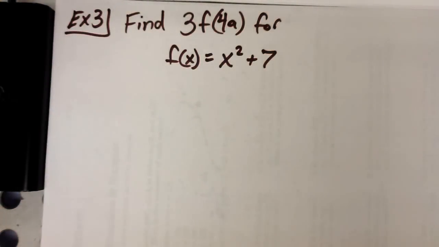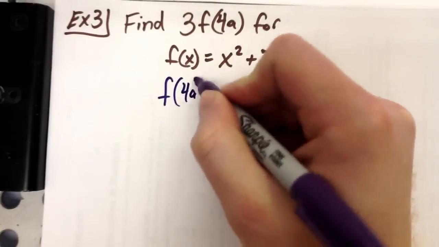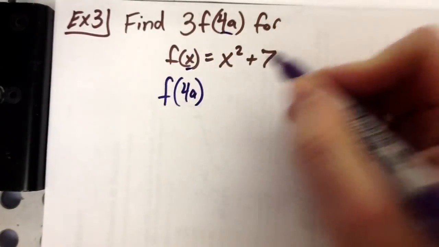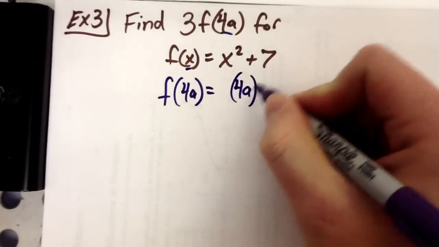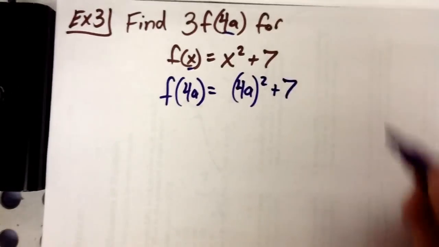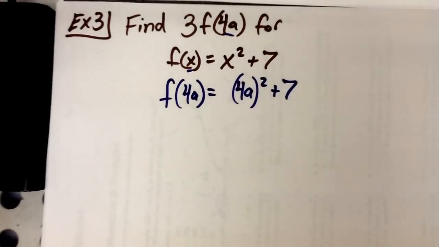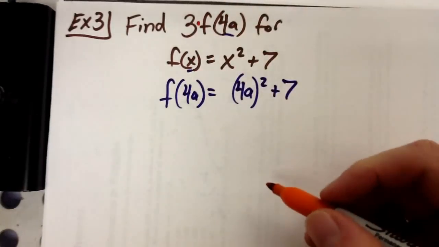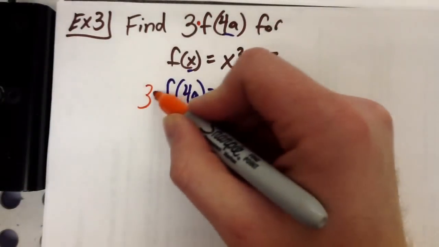All right, so I'm going to ignore the 3 for right now, putting 4a in for x. So over here, 4a goes in parentheses, it's squared, it's plus 7. And now I need to talk about 3. Well, it's 3 times f. So that means we're going to multiply everything by 3.